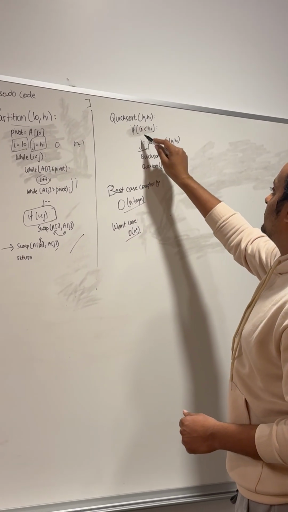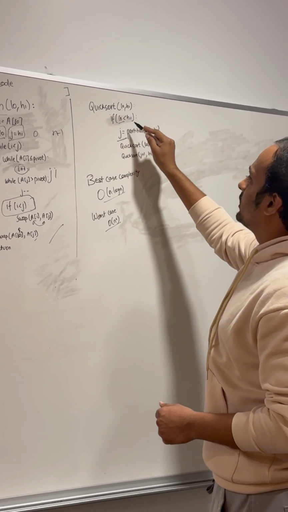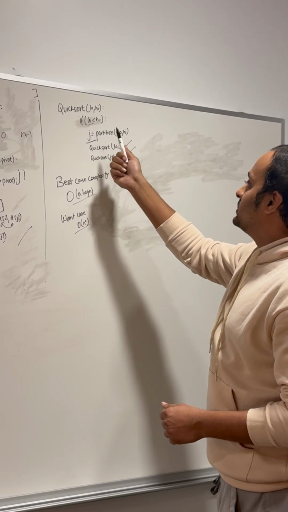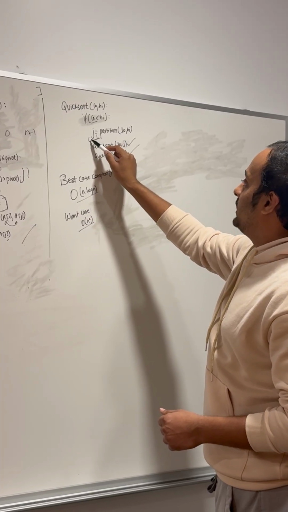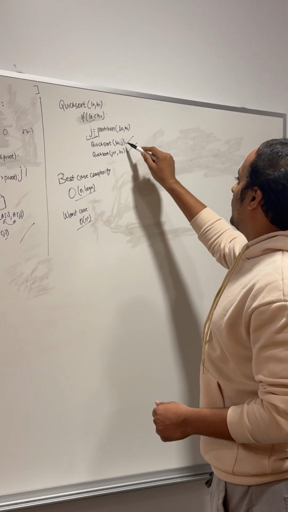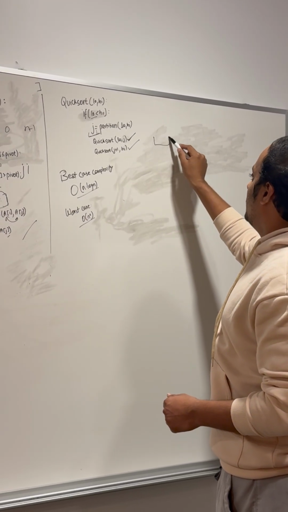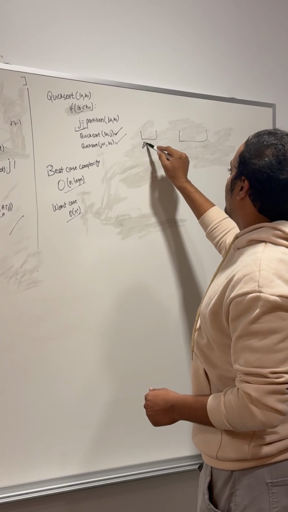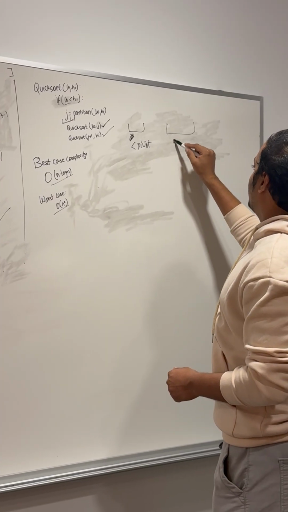What it says is we take two indices, low and high, and this is a condition that ensures that the array has at least two elements. We find the partitioning index, and after finding it, we implement recursive calls of the same quicksort algorithm for the elements lesser than the pivot and the elements greater than the pivot.